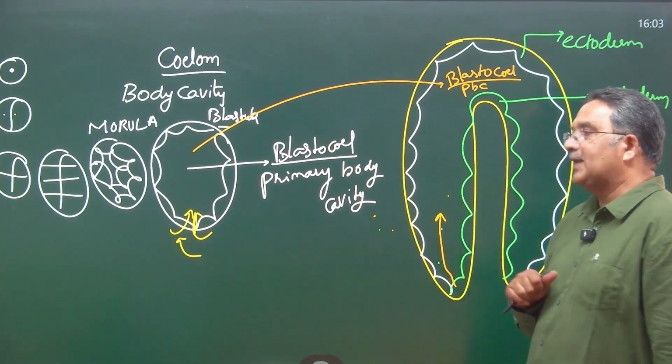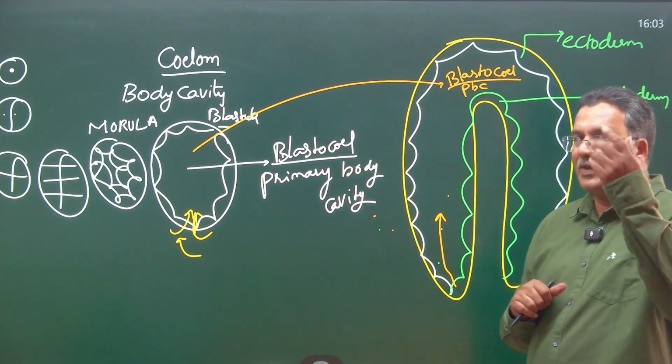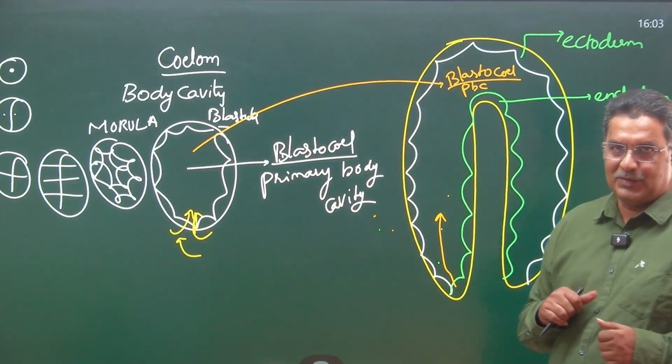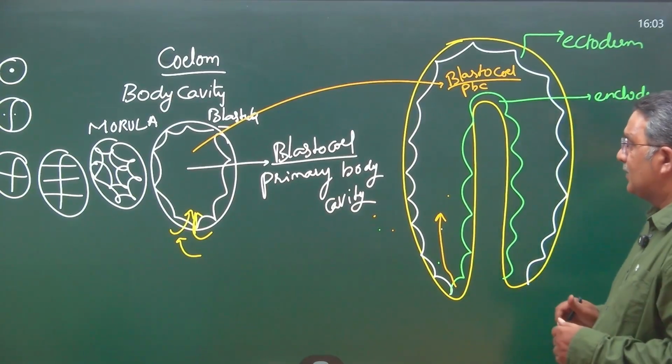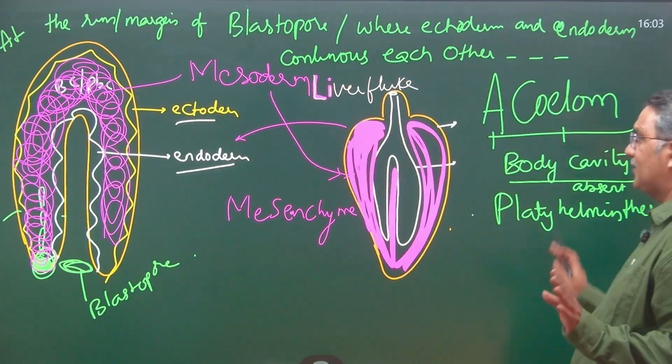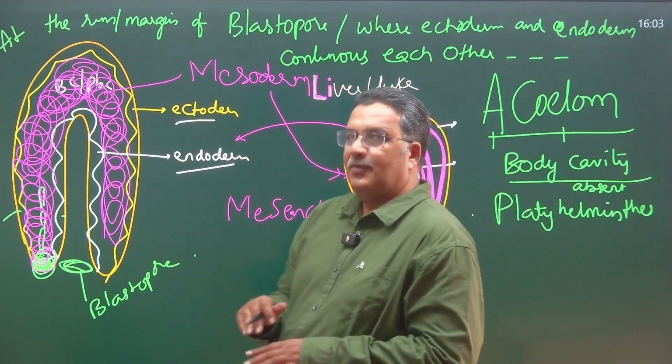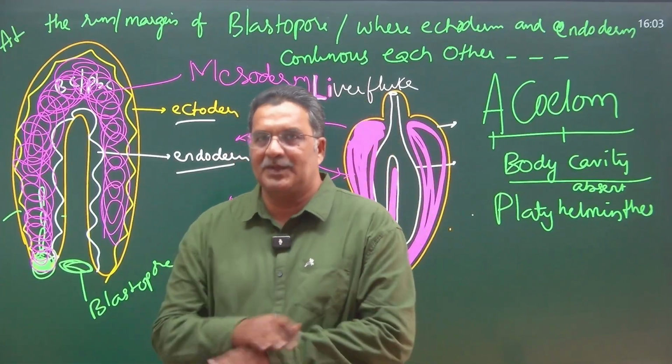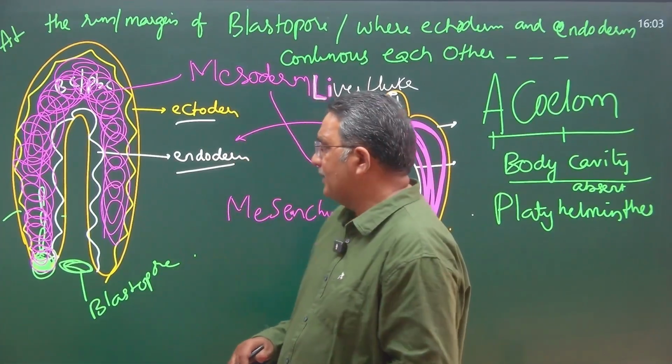Then a stage comes, gastrula. If 3 layers are present, we call it triploblastic, phylum Platyhelminthes to Chordata, isn't it? So, the story of phylum Platyhelminthes we have already seen. Mesoderm fills the whole body cavity.